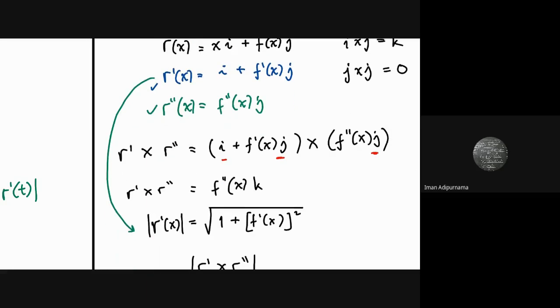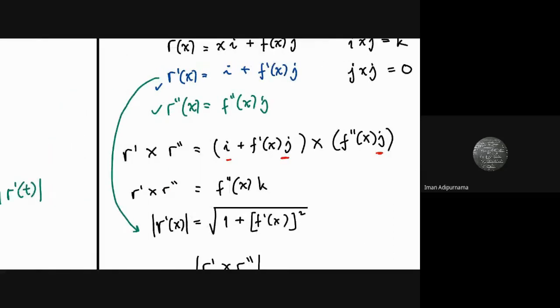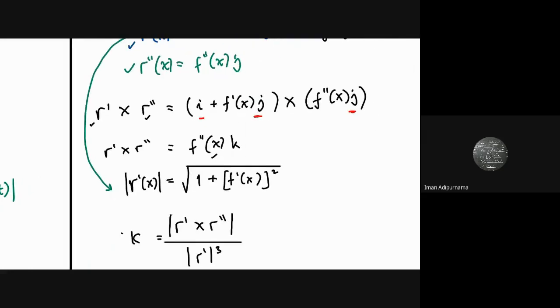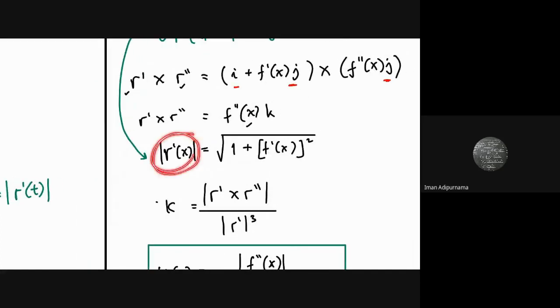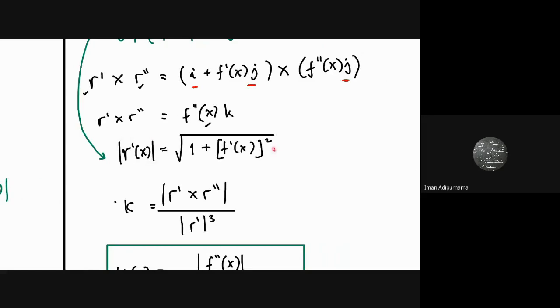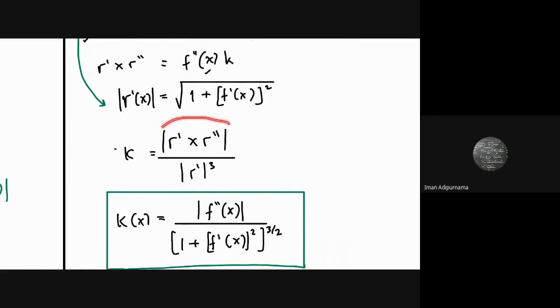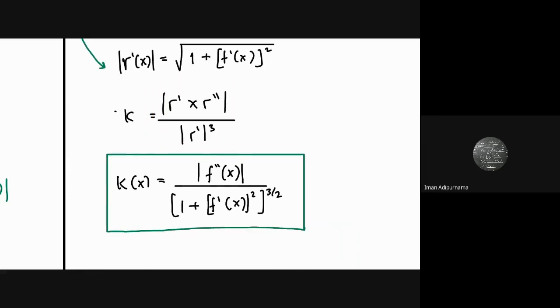We can do the same thing as previously mentioned. We can cross these two and find the value, and then we find the magnitude of r prime. So we already have all we need to develop our formula here, and we can develop and use it for x.